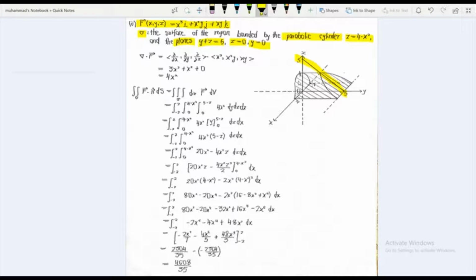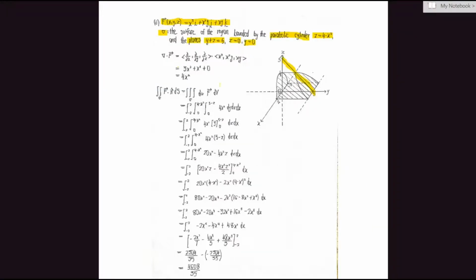So for this question, we need to use Cartesian coordinates, and from this parabolic cylinder, we can get the limits for y, z, and x. For dV, we will use dy, dz, and dx.